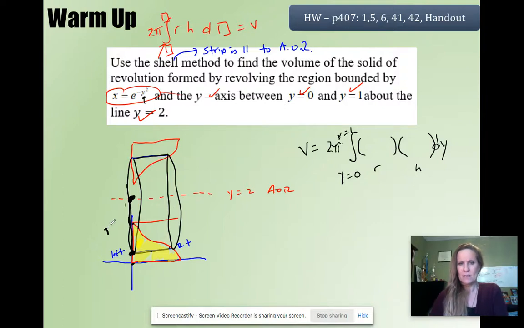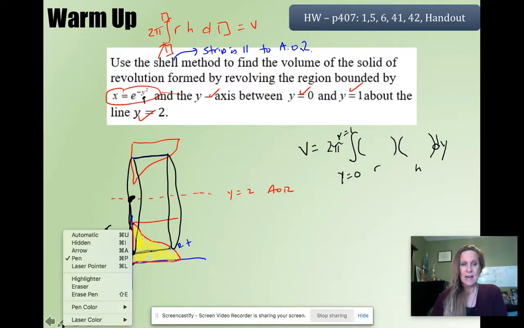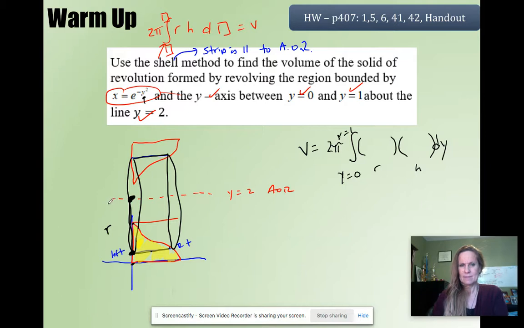That's my radius. Well, it is not 2. What is it? 2 is too much for the radius. Shrink it. Shrink it by how much?